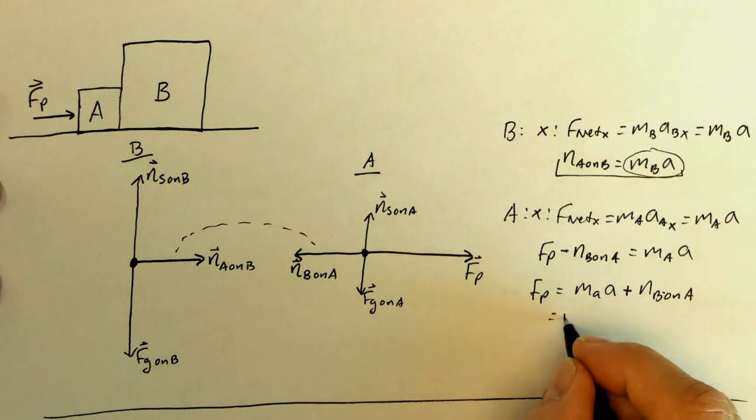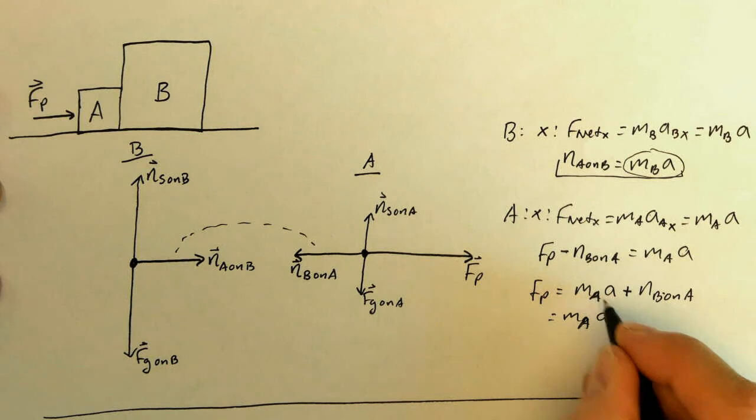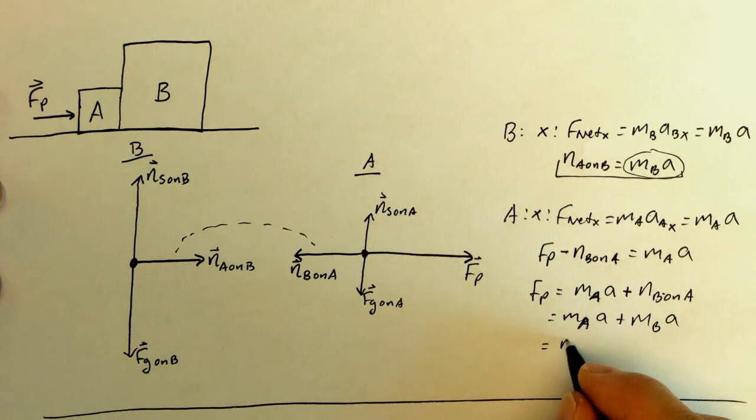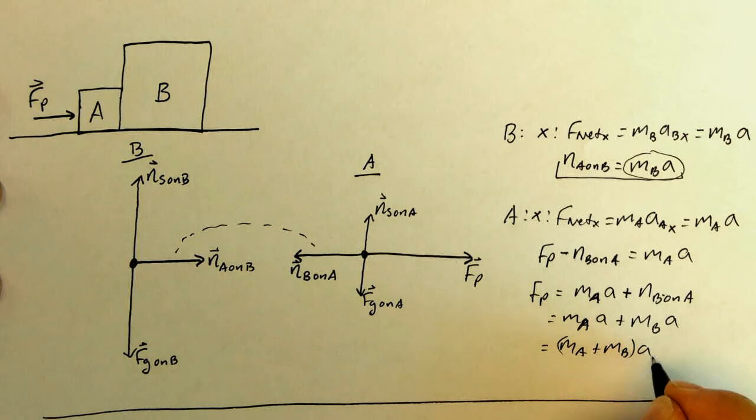And so doing, I get m_A a plus m_B a, and just gathering the masses, that's (m_A plus m_B) a.